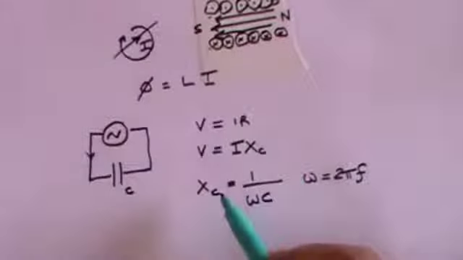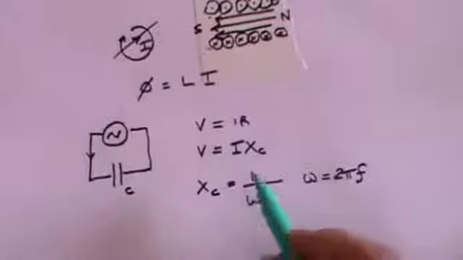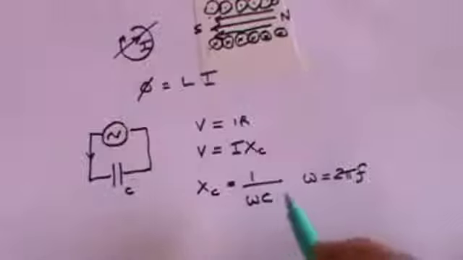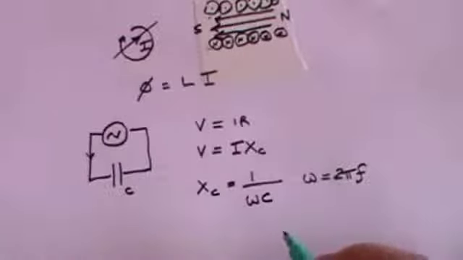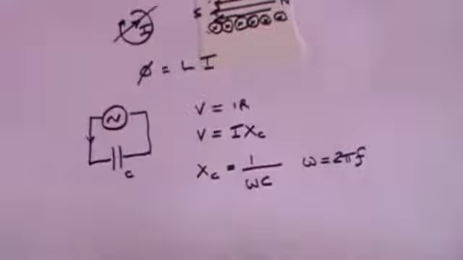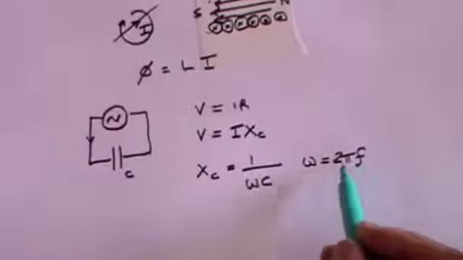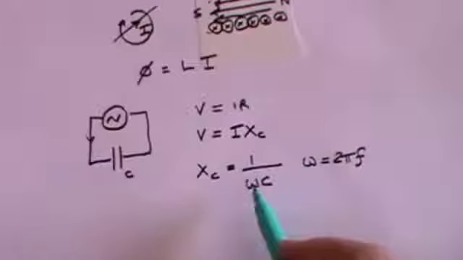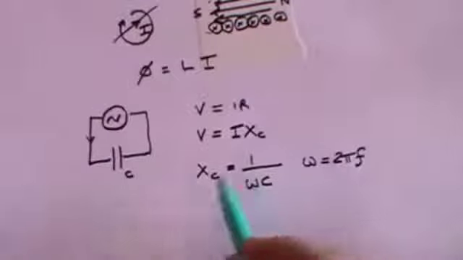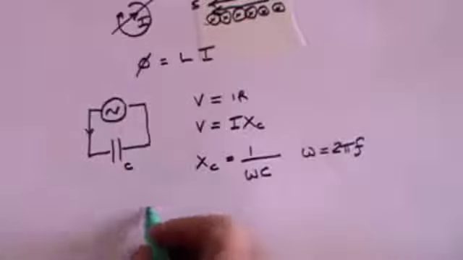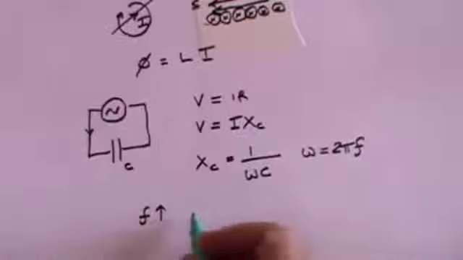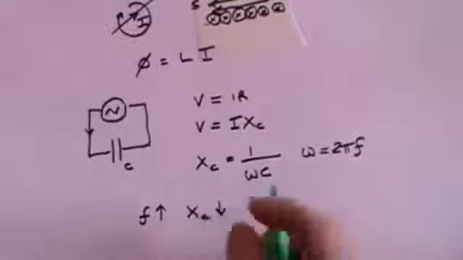So you find that there's a resistive effect, which we call the reactance, which is equal to 1 divided by omega C. And what that means, of course, is that as the frequency increases, remember omega is 2 pi times the frequency, the reactance will decrease. So as the frequency goes up, the reactance will go down.